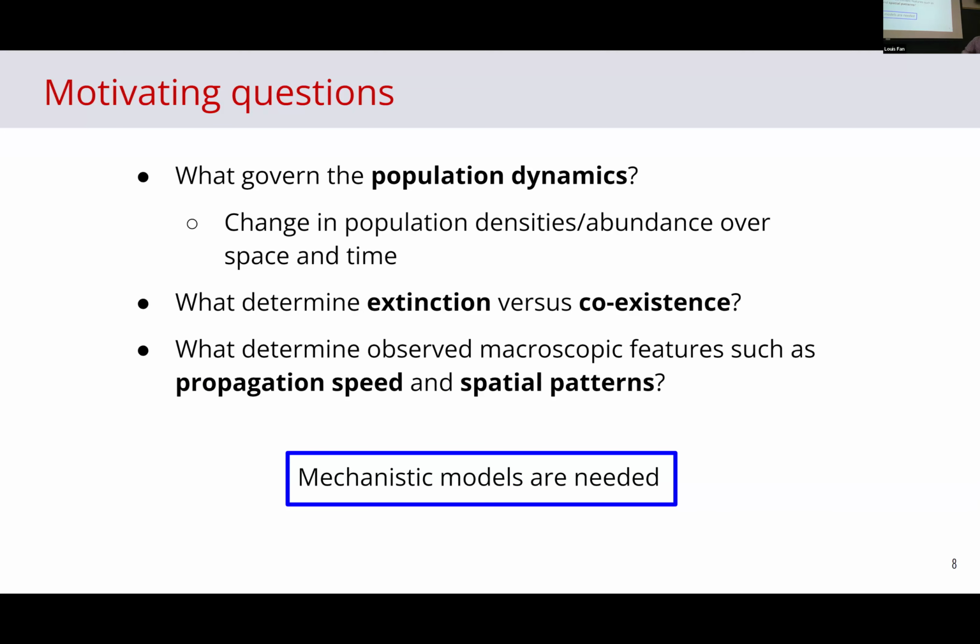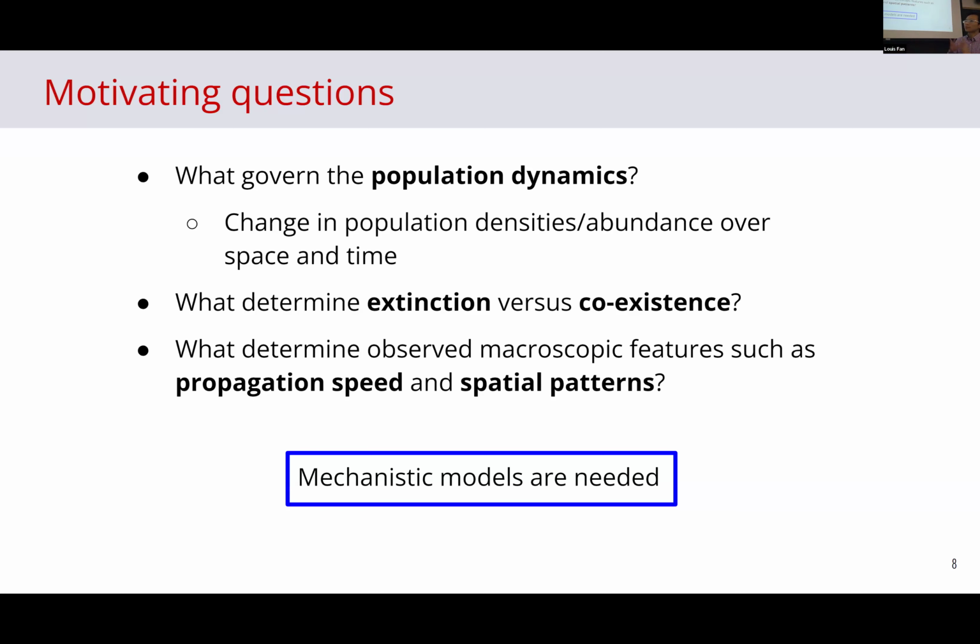More precisely, what is the change in population densities of different genotypes or different types over space and time? And when a mutation arises, will it go to extinction or fixation? How will it interact with different types? What determines macroscopic or observed spatial patterns, such as the propagating speed and different spatial patterns?